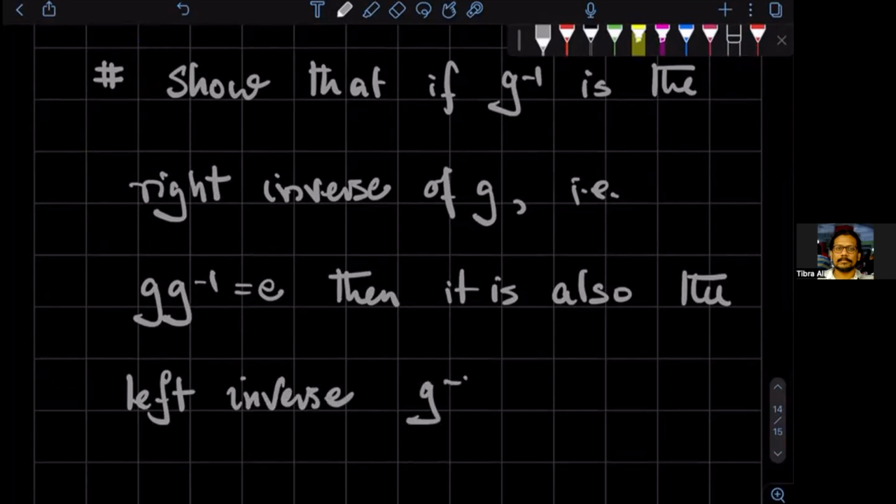So G inverse of G is then, okay, show this.